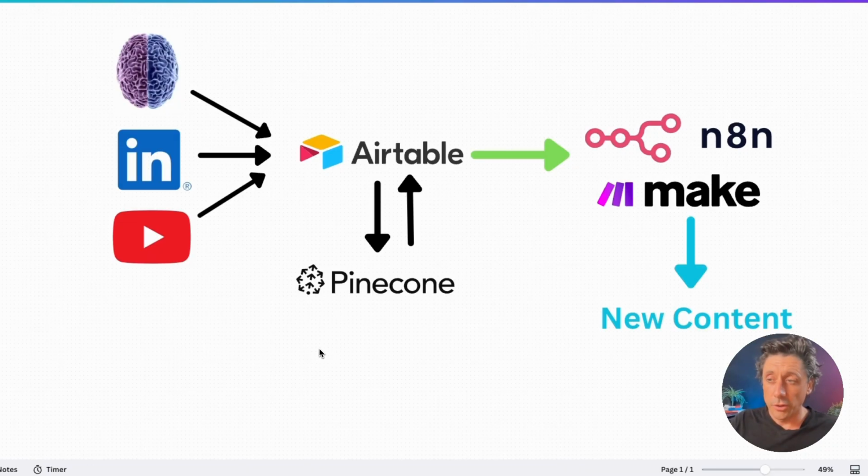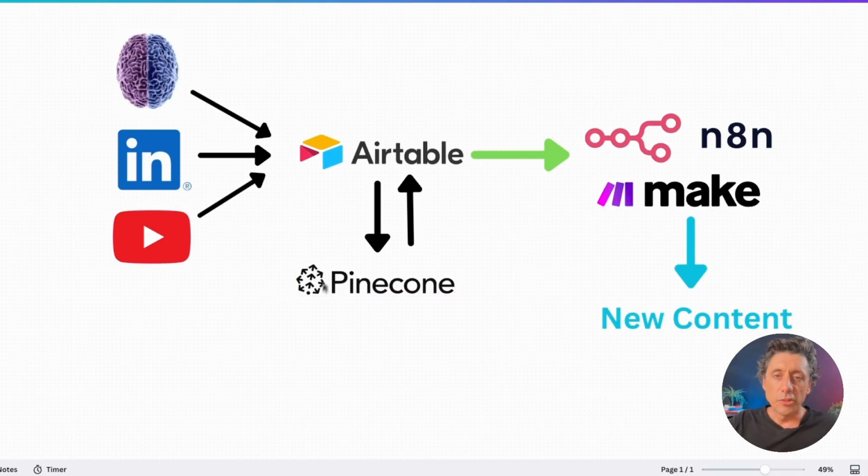But what we want to do is create expert AIs. And the way we do that is we create a Pinecone database and we feed it full of hundreds and hundreds, if not thousands of pieces of content that are high quality. So we create a genius that we can call on anytime we want. So it's like having your own in-house genius. Think of it that way.